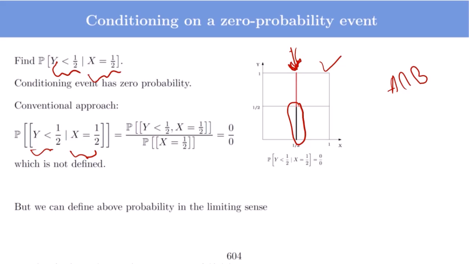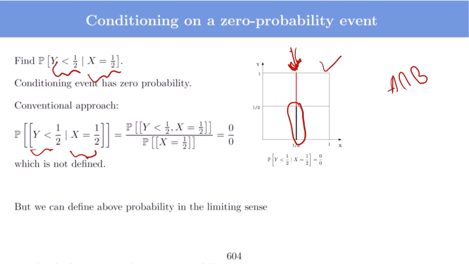To understand this, see the 2D measure: this probability measure is the area. The original probability measure between x and y is the area, and that is why the line has 0 area, and that's why it has 0 measure. Now if I want to divide the area of the black line by the area of the red line, we will get 0 by 0.